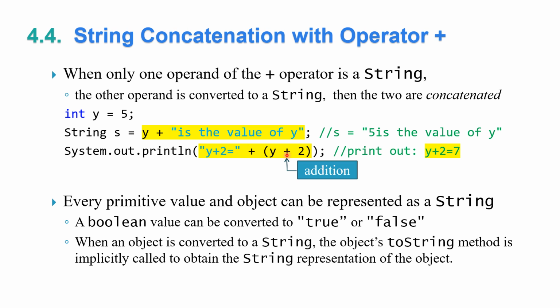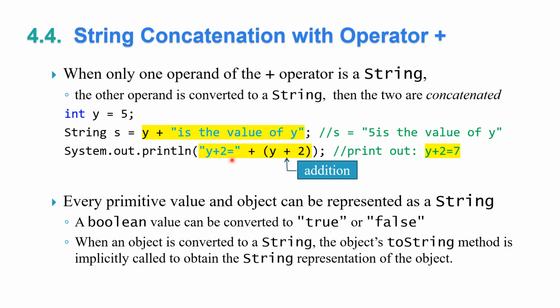This plus operator between y and 2 in parentheses is evaluated first, and the result is the number 7 because y has value 5 and 5 plus 2 is 7.